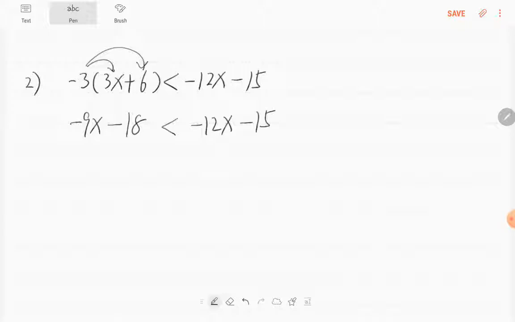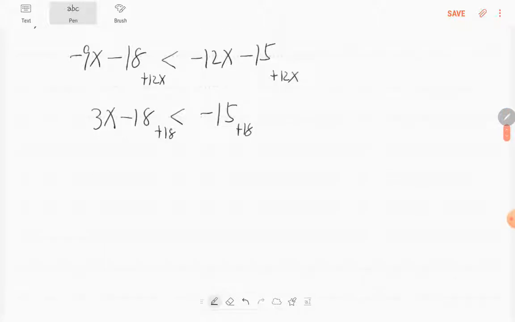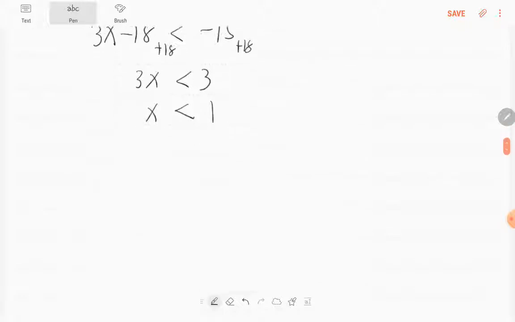So we add 12x on both sides. Okay, then you have 3x minus 18 less than -15. So we add 18 on both sides. So you have 3x less than 3. So divide by 3, because 3 is a positive number, so you still keep the direction of this inequality. So x less than 1.